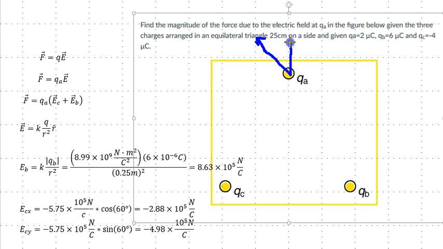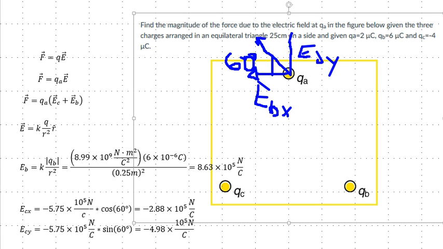Just like before, that angle is 60 degrees. So this is going to be E_BY, and this part here is going to be E_BX.